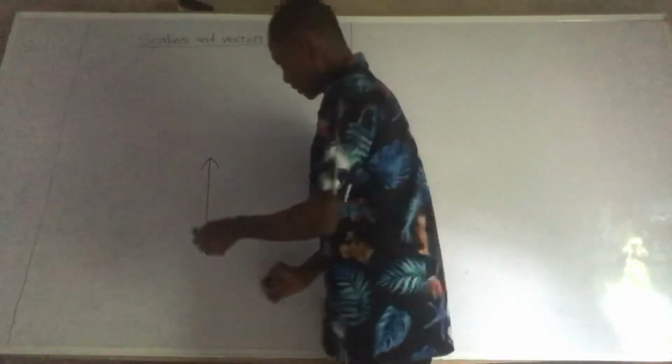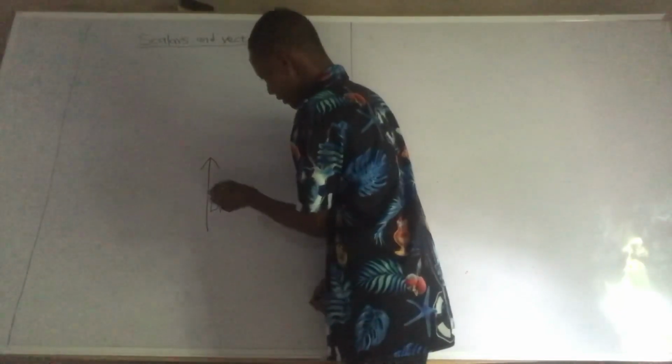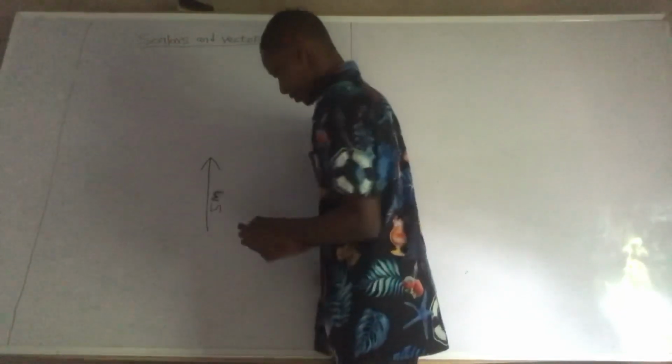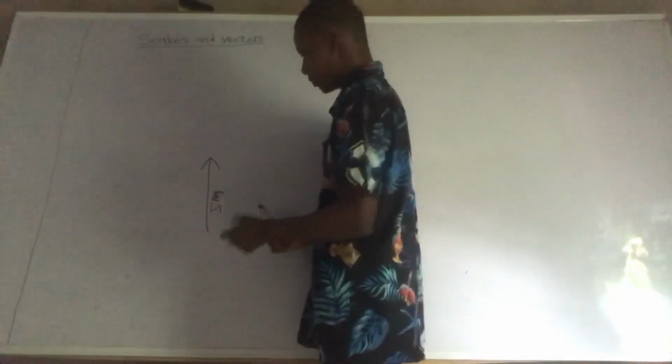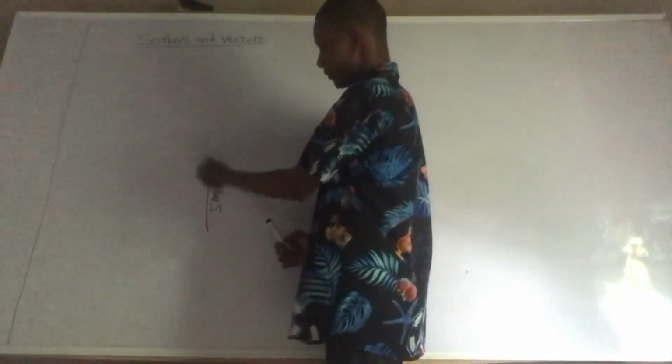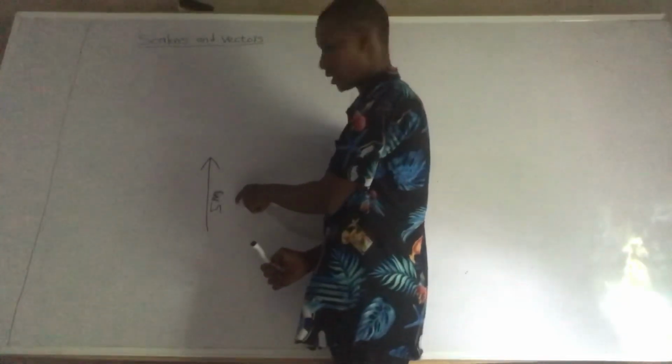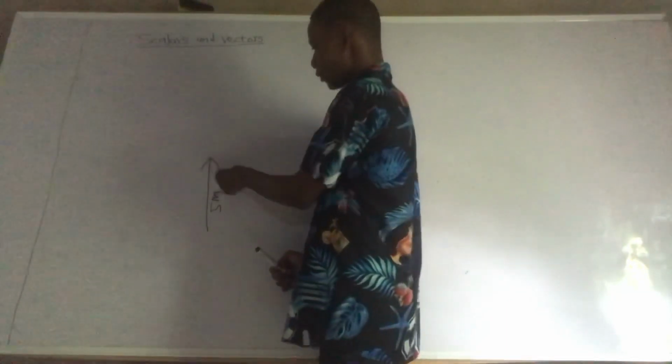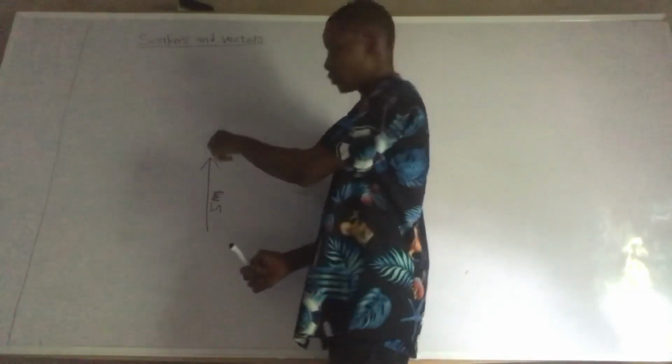So we say the length here is 5 meters. It means that the magnitude of this vector is 5 meters.